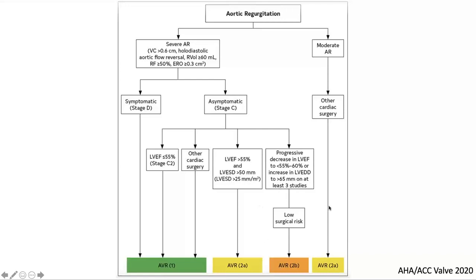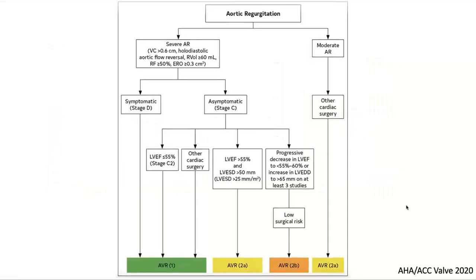There used to be a whole bunch of breaking down the difference between 50 and 60 millimeters between chamber sizes, but essentially they've consolidated this and said just be on the lookout for a progressive decrease in LVEF, as it may actually be hyperdynamic before, but once you see it decreasing with a very enlarged ventricle over time through studies, you want to consider intervening sooner.